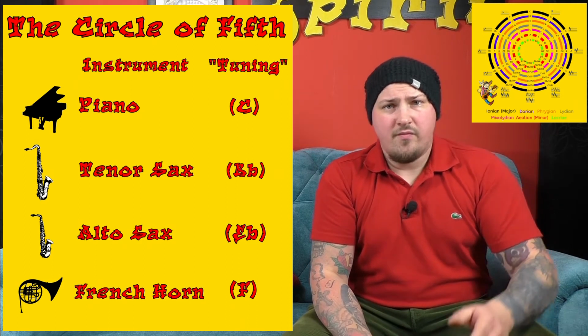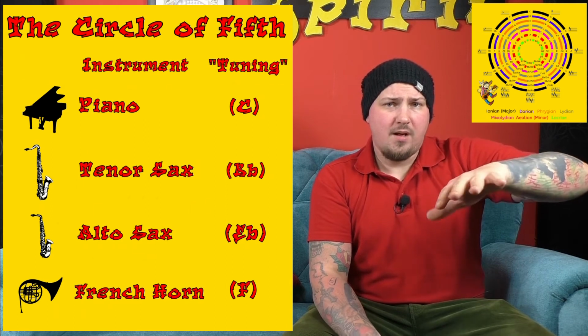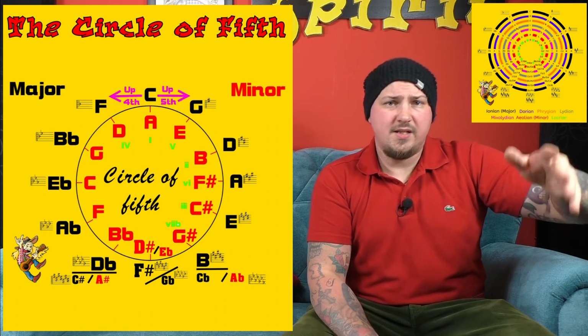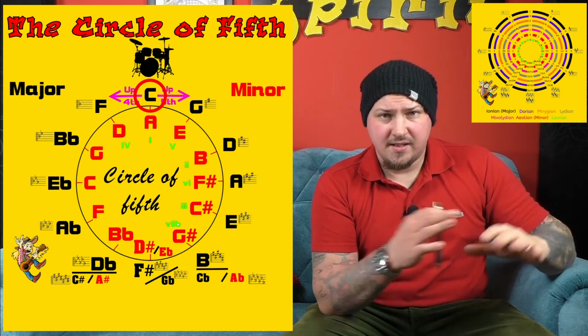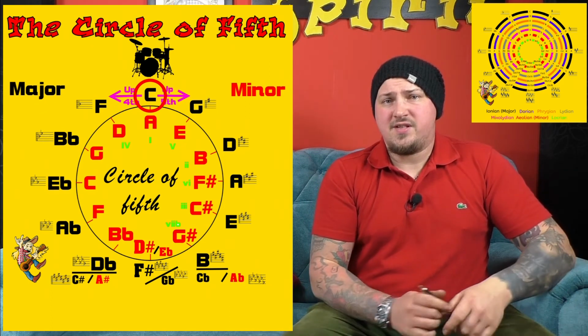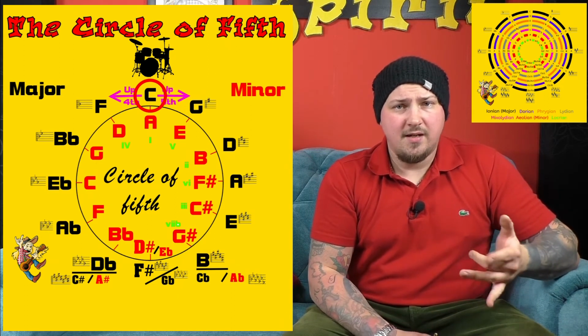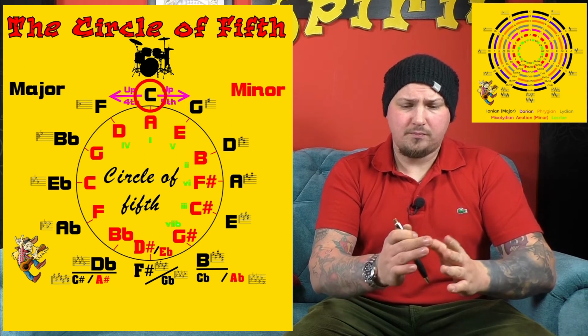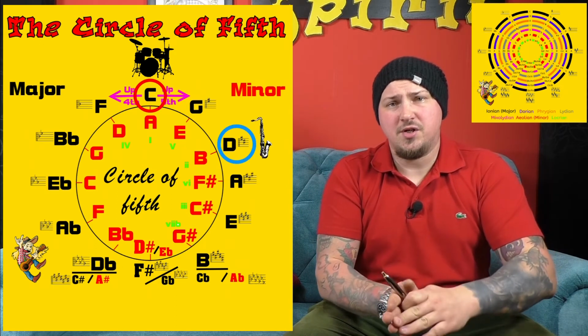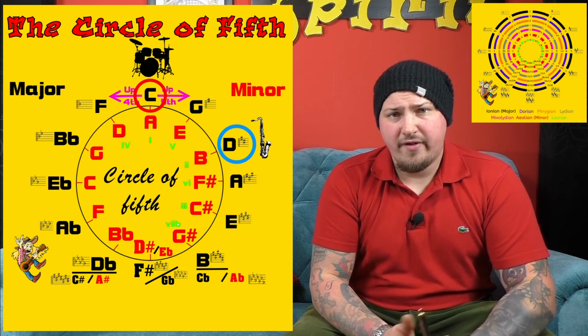For example, your sheet music is in C major, and the whole band plays in C major. On the saxophone, you can't play in C. You have to play in D major. So you have to transpose the whole thing.